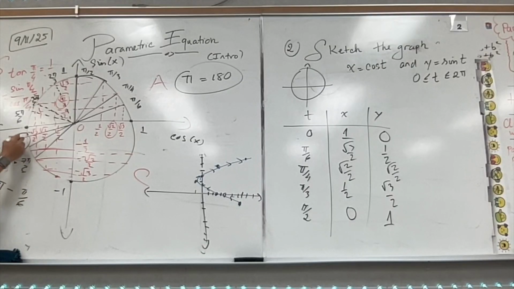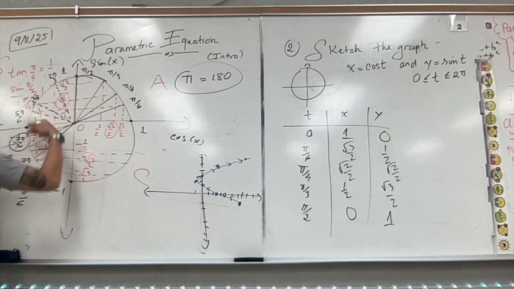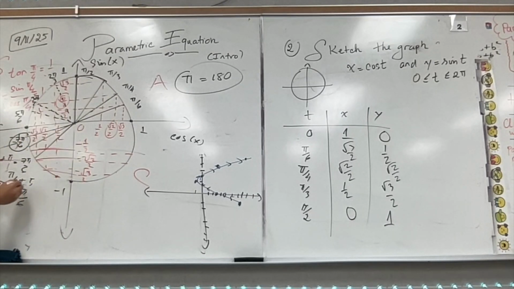So this one is 7 pi over 6. And then you add another: pi over 4 plus pi, I go 180 degrees. Next one is 5 pi over 4. You got this, yeah? Does it make sense? We're going to have another lesson about this, but just an introduction, okay?